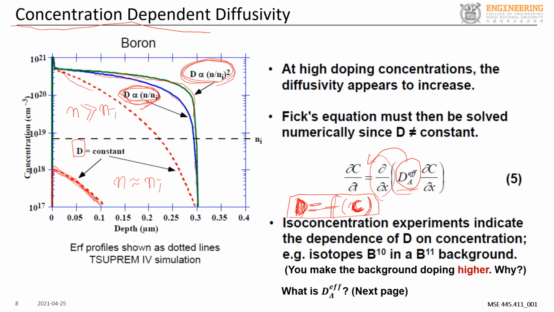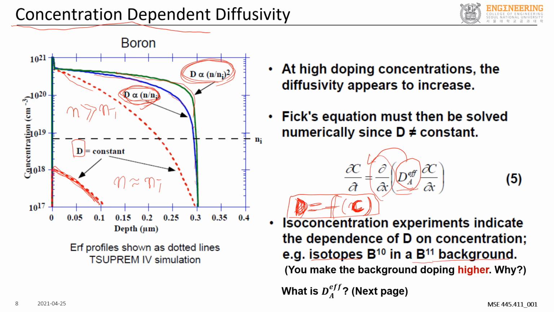One experimental way to measure it is using isotopes. You want to measure the diffusivity of the boron as a function of boron concentration. So what you typically do is you use B11 in the background.